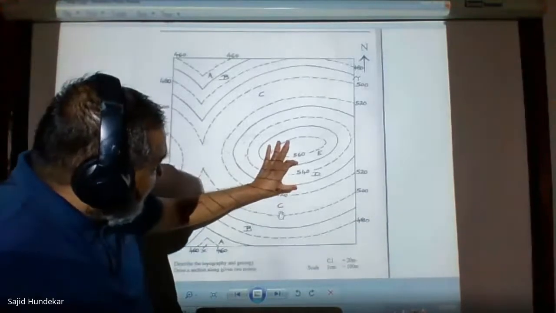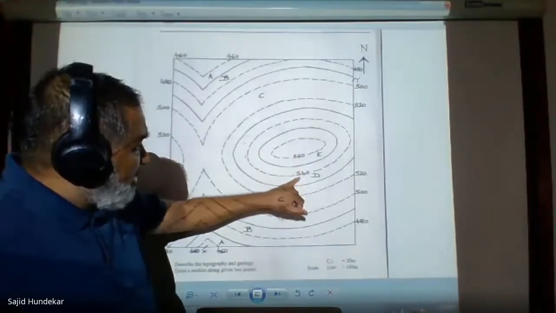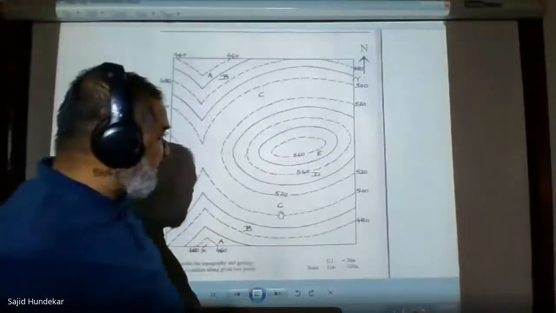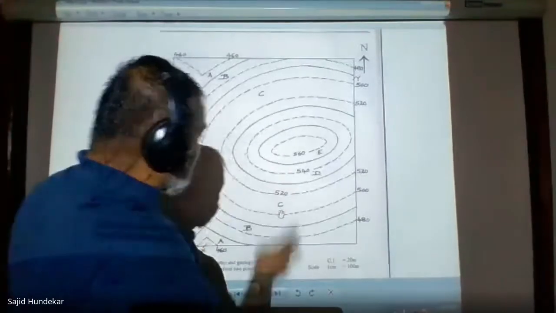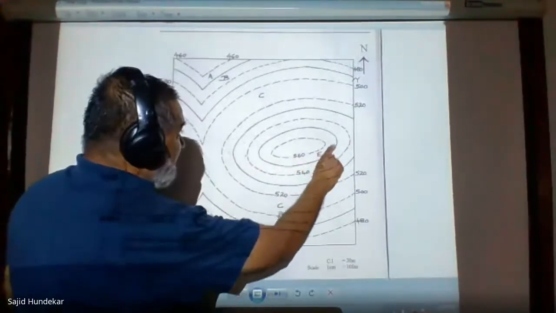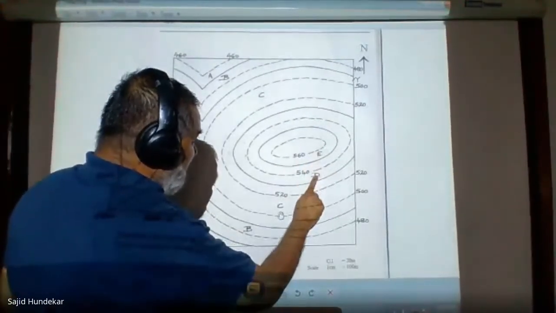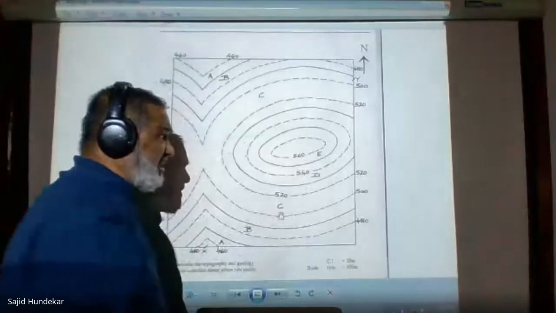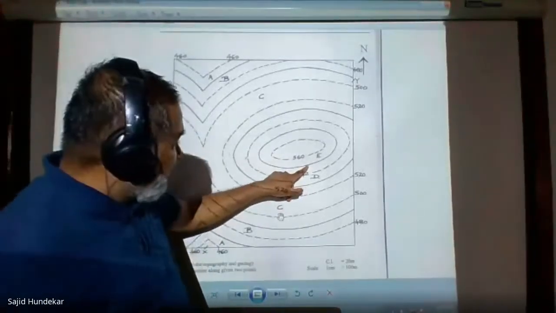Now next one, D bed. Here we have this dark line to the dark line. But what happened here? The contour here is 540 and the contour here is 560, and this distance is exactly bisected by this particular dark line, that is the DE junction between D bed and E bed. So what will be the value for this junction?